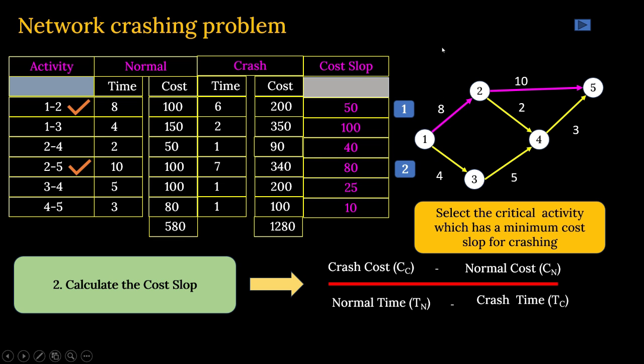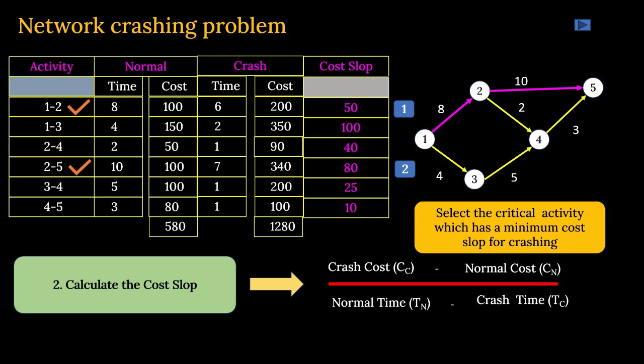So our crashing will begin with activity 1 to 2, and then after completing the possible crashing there, we will go for activity 2 to 5, not any other activities. Got the point clear?